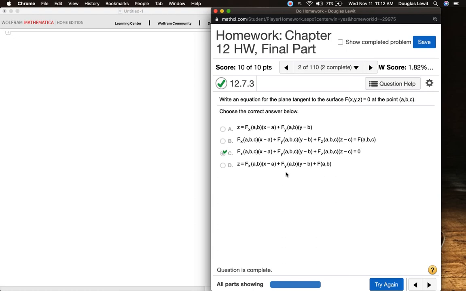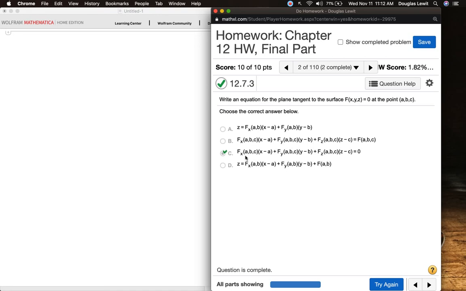D is very tempting, and if we were dealing with a function f of x and y, the answer would be D. But because we have three variables here, f is a function of three variables. In order to find those partial derivatives, the partial derivatives are themselves functions of three variables.